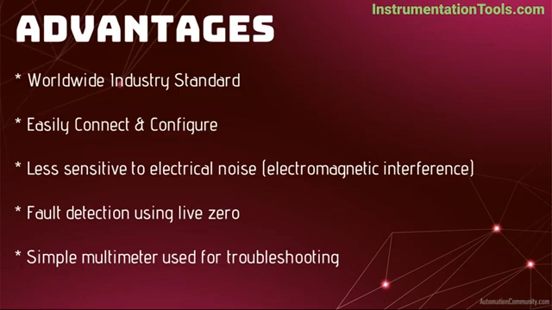Now 4 to 20 mA signals are being used everywhere. It's a standard signal choice for industrial users. It makes the installation and configuration very easy. External disturbances are very less. With the help of Live Zero, we can easily detect the faults. We do not need any complex equipment for troubleshooting these signals, a simple multimeter will do the job.